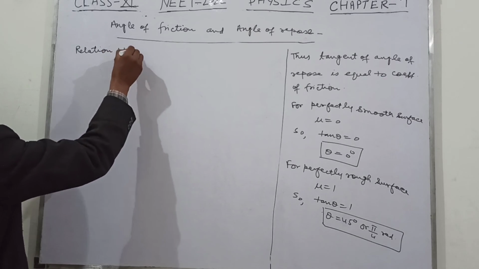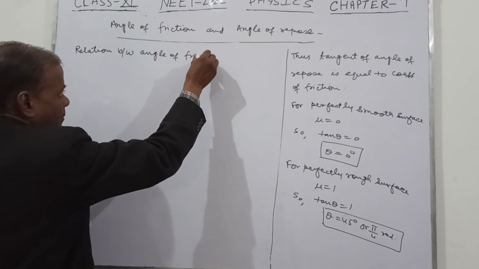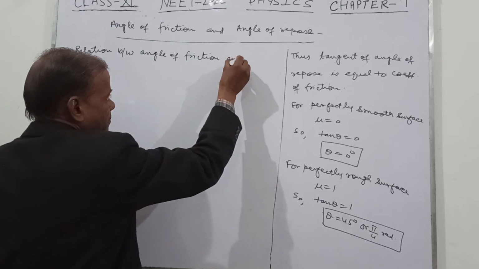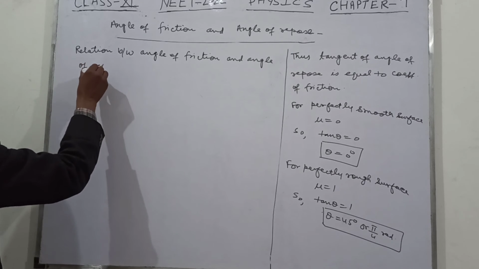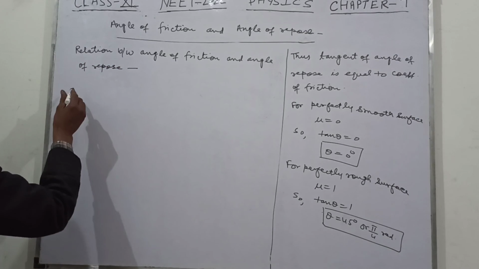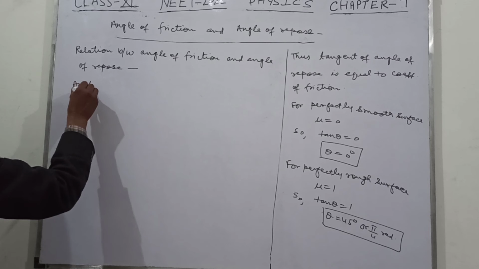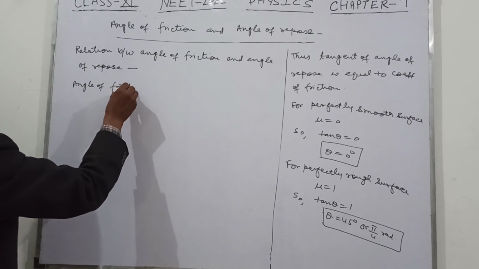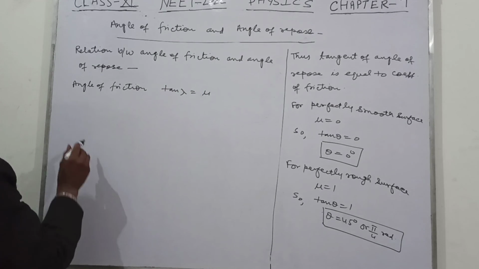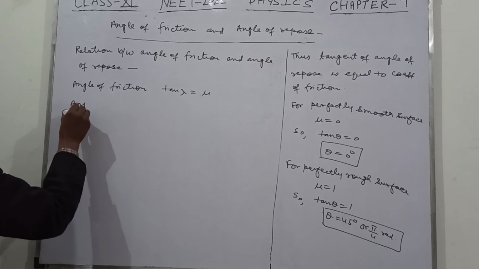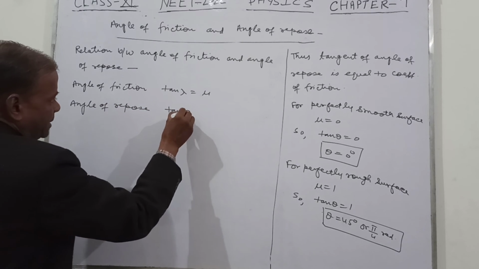We know for the angle of friction we have tan lambda equal to mu, and for the angle of repose we have tan theta equal to mu.